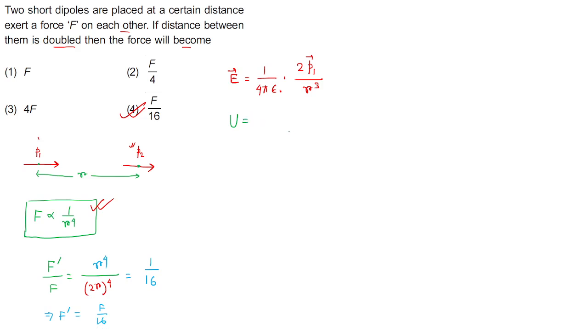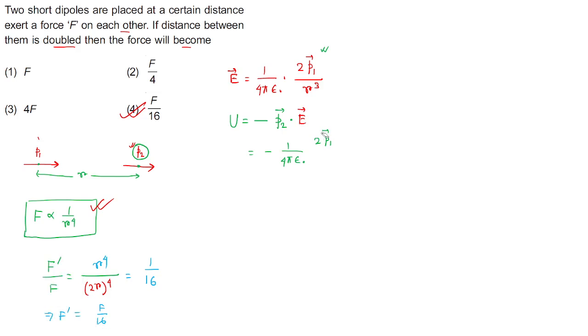The potential energy is nothing but a negative sign, since dipole P2 is situated at the point where the electric field is written, the potential energy of the system will be P2 dot product with this electric field E. So it becomes minus 1 by 4 pi epsilon naught, 2 P1 dot product, and the direction of P2 and E is the same, so they will just add.